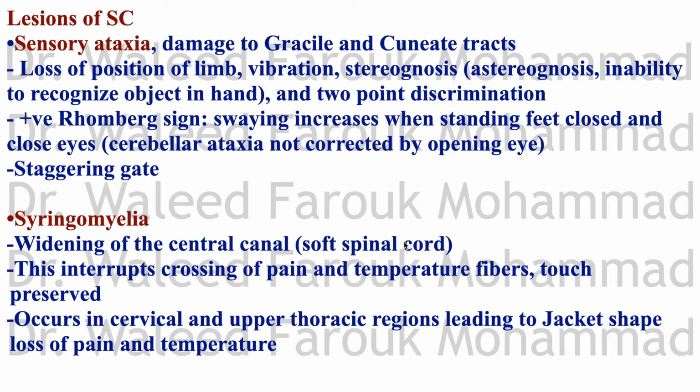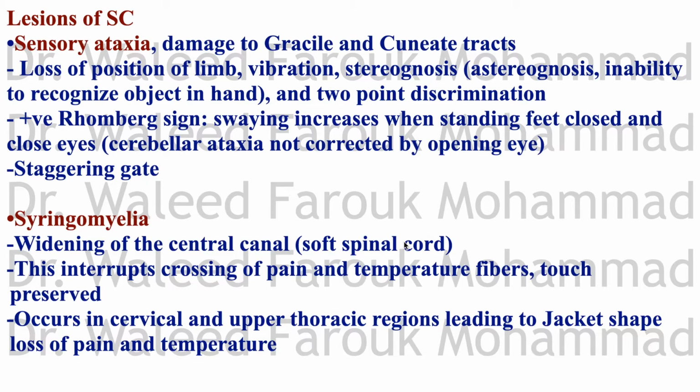Some of the lesions of the spinal cord, for example, sensory ataxia, is due to damage of gracile and cuneate tracts. This will terminate the proprioception information and fine touch information coming from the body, so the body won't be able to coordinate the movements. There will be loss of position of the limb, loss of vibration, loss of stereognosis.